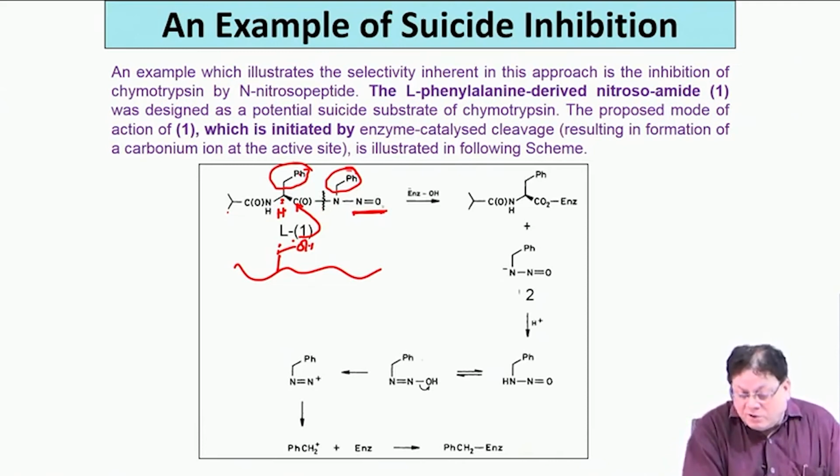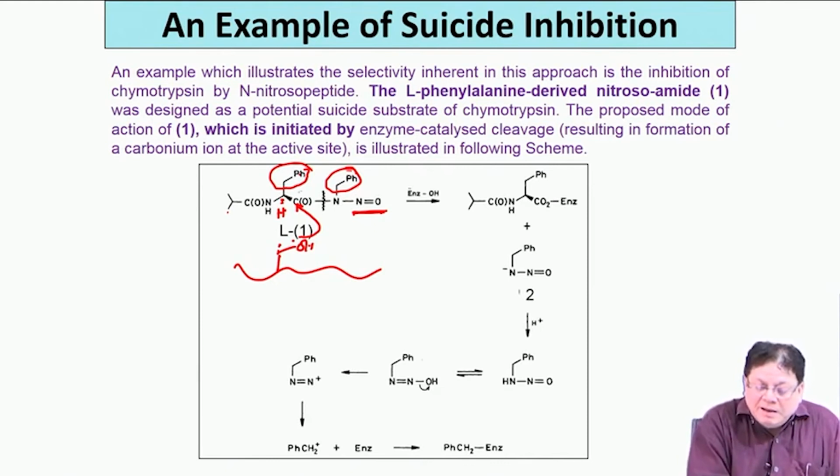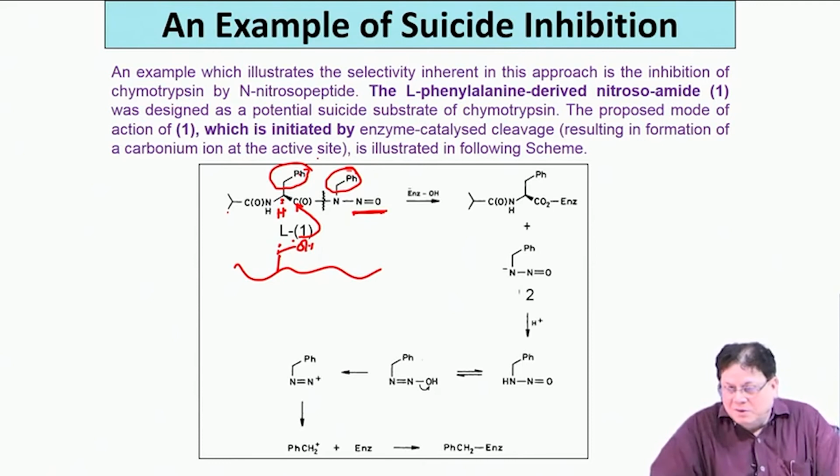Here it is N-nitroso N-benzyl. Because you have this benzyl group in the correct configuration, there was no problem. So, it binds to the active site, and then by the catalytic triad mechanism, this hydrolyzes this carbon nitrogen bond.